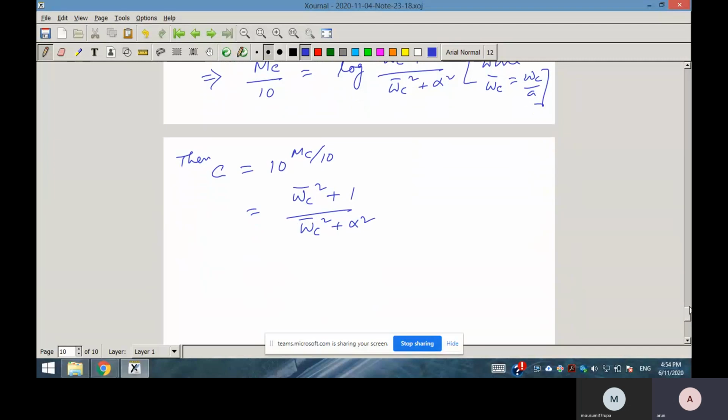Now what is your Q? Earlier Q was tan phi C. So here Q equal to tan of phi C, which is the amount of phase lead I need.